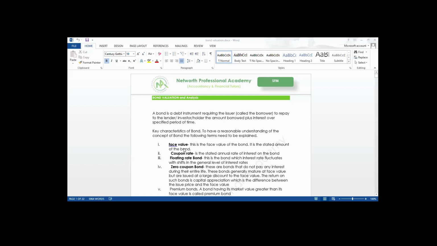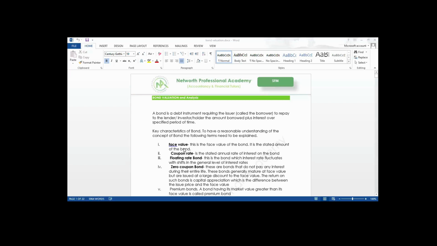We talk about the face value. It could be 100 naira or 1,000. That is the amount stated on the face of the bond, just like your 100 naira notes. What is written on the face is 100.